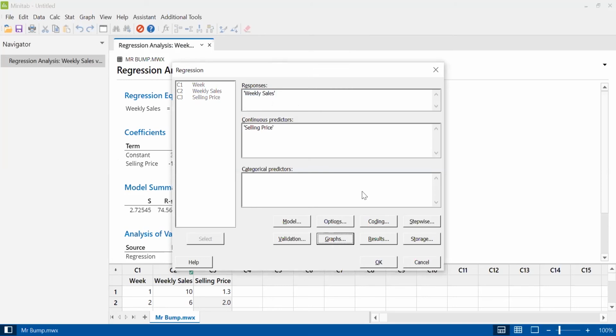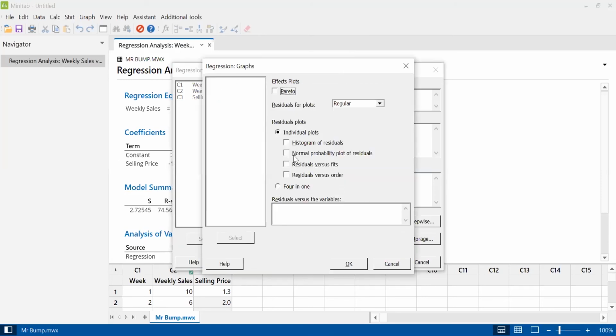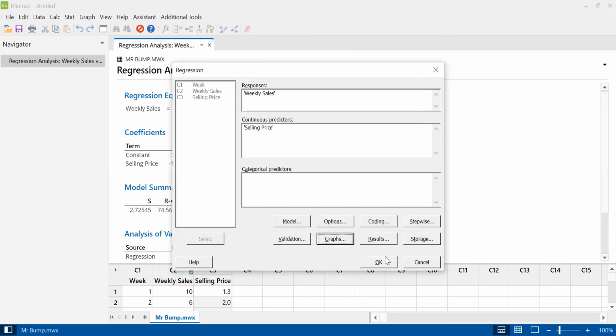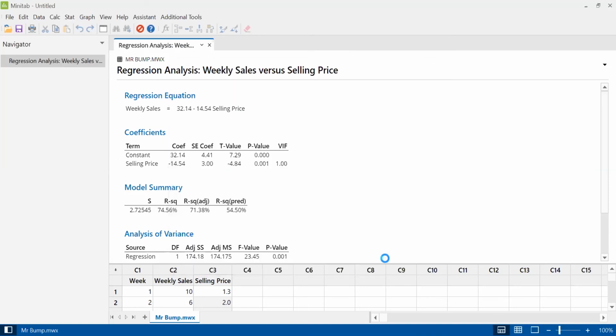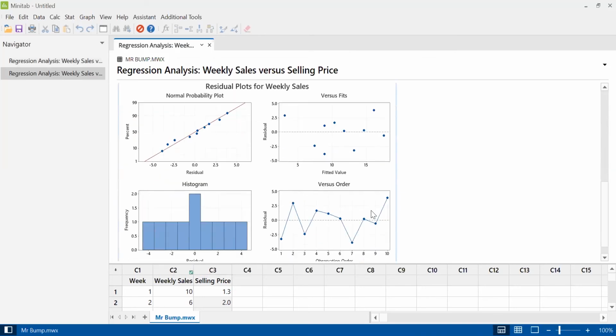So click on it, and we want the residual plots. You can pick individual ones, or actually most of the time, I just say I want all of them in one picture. So click OK, and OK again. This time, the graph will show up. So these are the residual plots for our regression analysis. And we can use these graphs to check if the assumptions are satisfied or not.